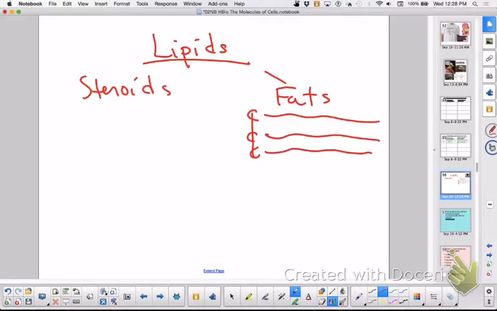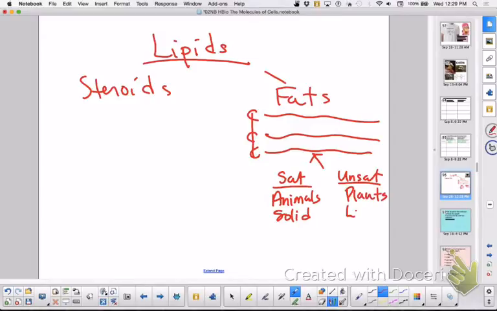And these fatty acid chains could be what? Two categories. Saturated or unsaturated. If they were saturated, you would usually find them where? Animals. And at room temperature, they are a solid. And unsaturated is plants, and they are a liquid.